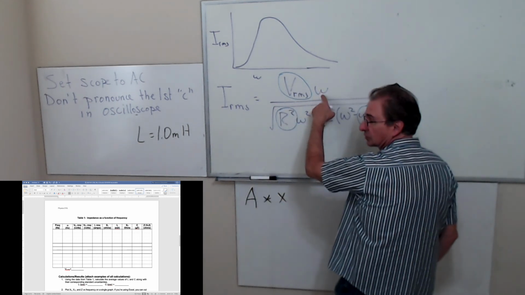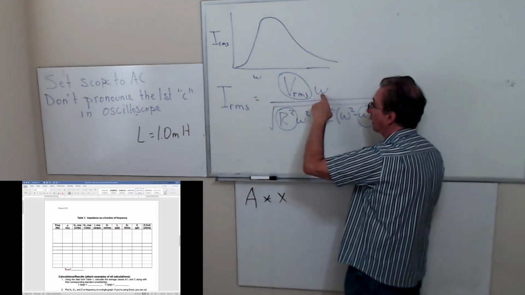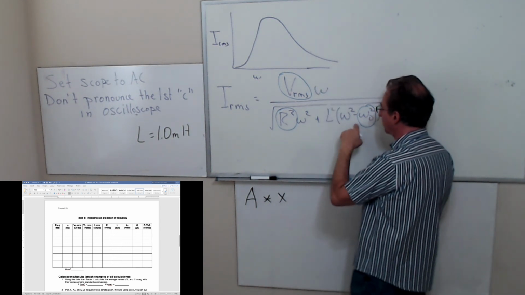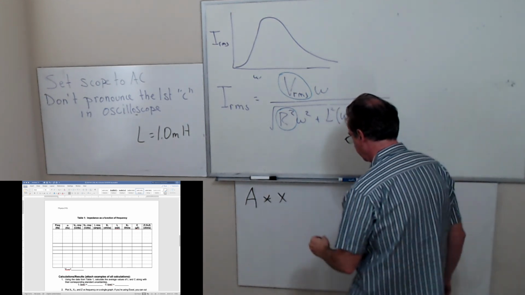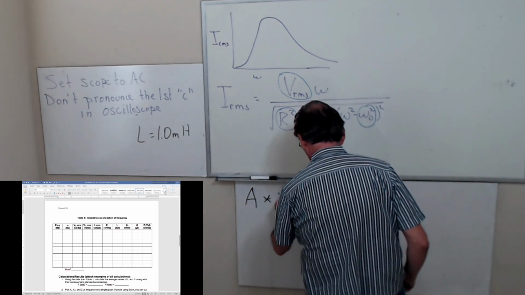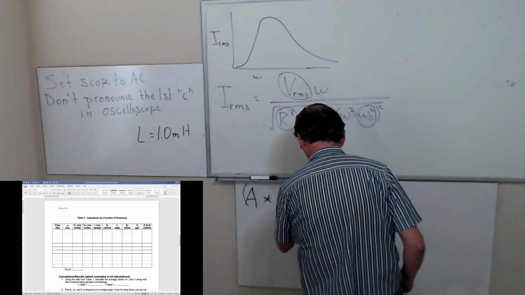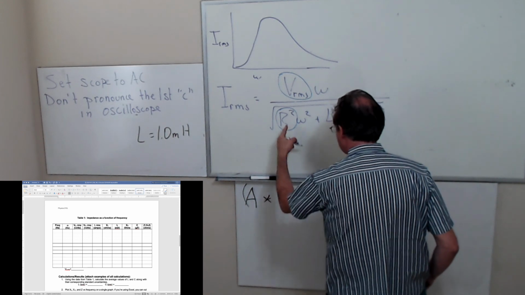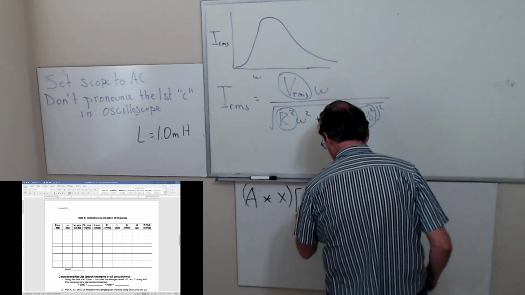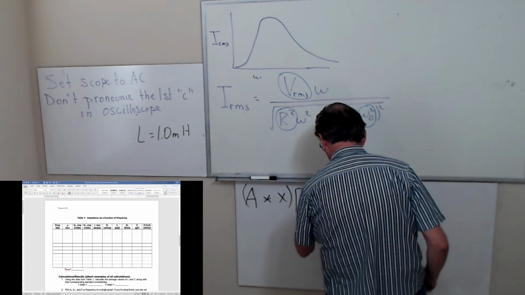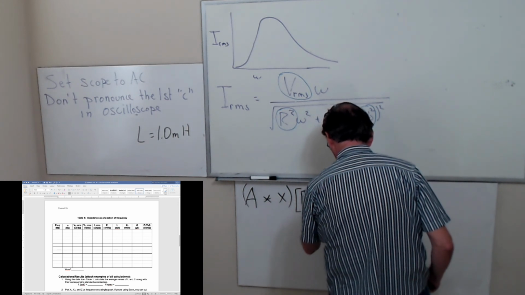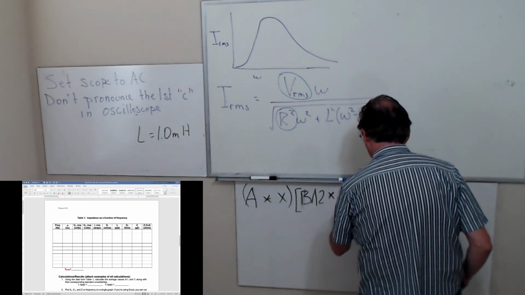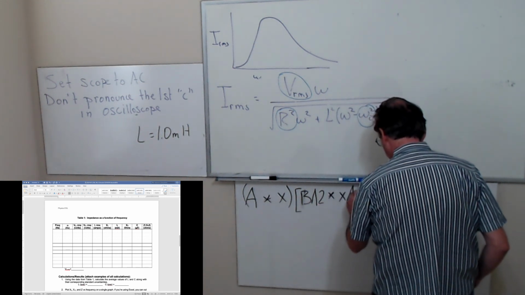This is why I said to plot versus omega, not F, because if you're plotting versus F, everything here would have a 2 pi. You'd have 2 pi's everywhere. So this is going to be a fitting parameter. I'll just call it B. These are the caret symbols.